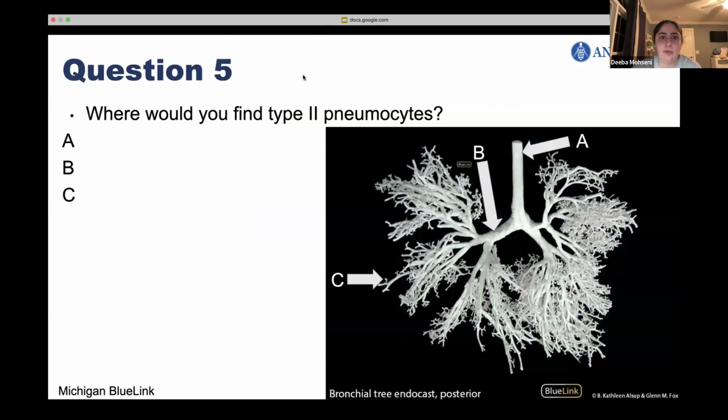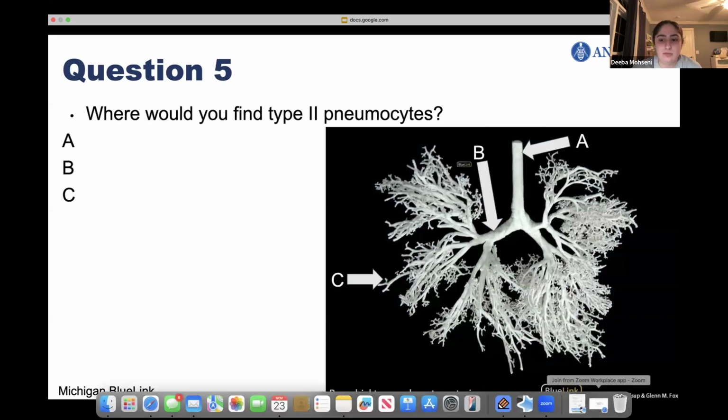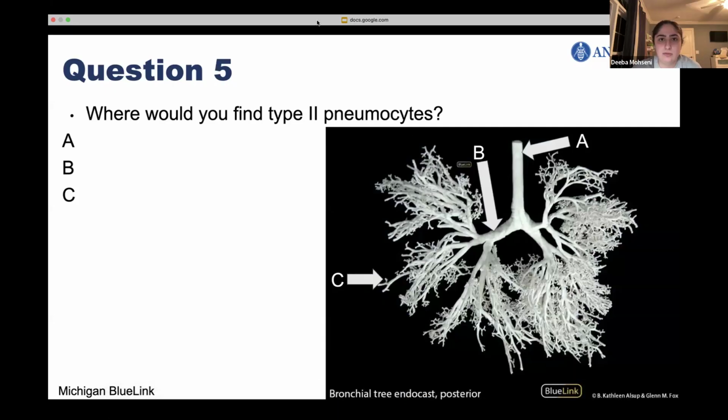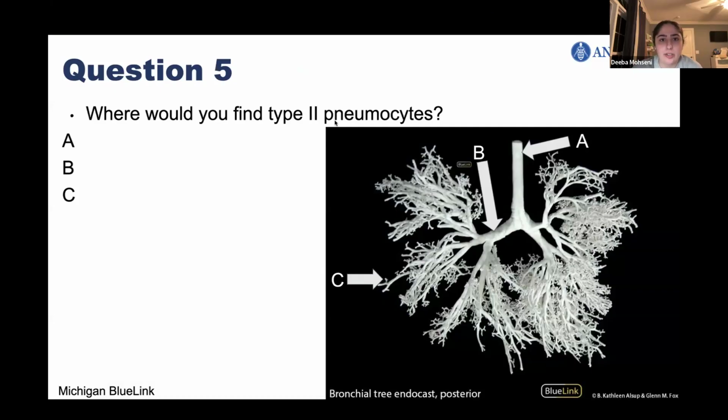Yes, the mucosa does contain the epithelium. I don't know if the poll is good. There we go.